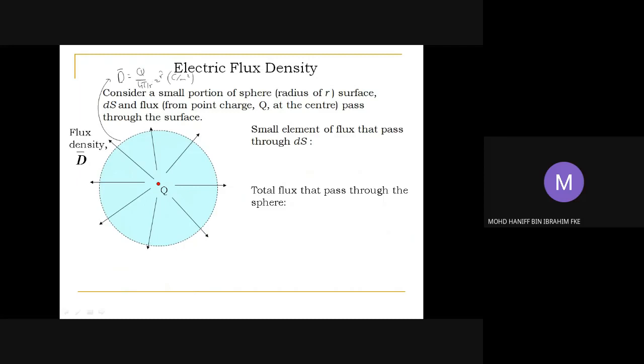This is the flux density measured on the surface of your sphere. Now, we see that there is a small element of area dS on your spherical surface.